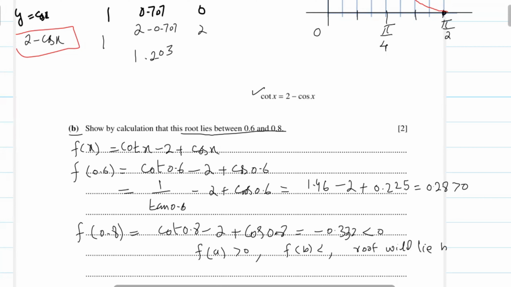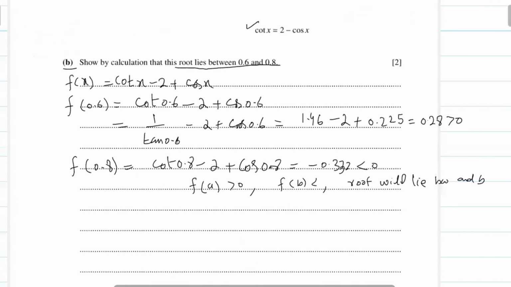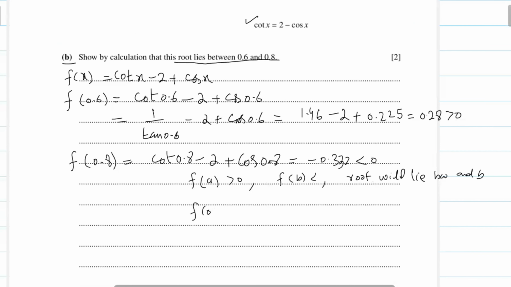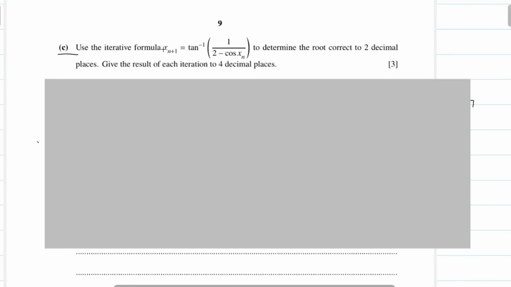Therefore, we can write f of 0.6 is greater than 0, f of 0.8 is less than 0. Therefore, the root will lie between 0.6 and 0.8.